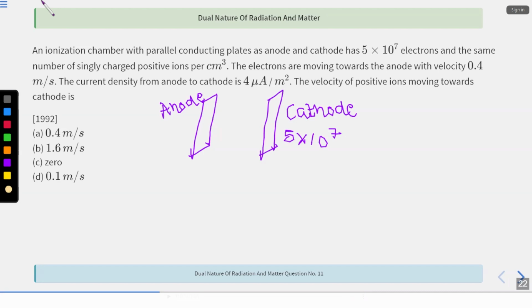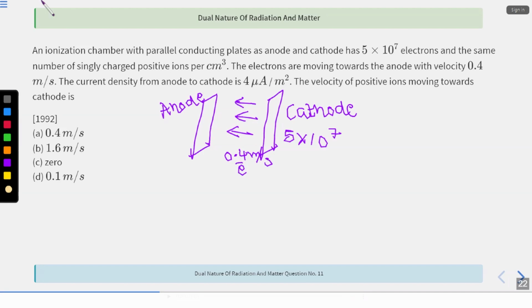The electrons are moving towards the anode, so it's moving in this direction, and the velocity is 0.4 meter per second. This is the electron's velocity, and we need to calculate the positive ions' velocity, right?